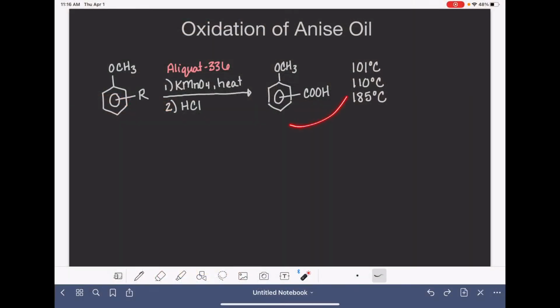So now that we have formed our product, our next job is to isolate it, purify it, and then determine its melting point. In addition to having the product inside this little tiny flask, we have a couple of byproducts as well. One of the byproducts of this reaction is potassium chloride, KCl. The potassium chloride is formed in step 2 of the reaction when the HCl is used to protonate the carboxylic acid that we formed.